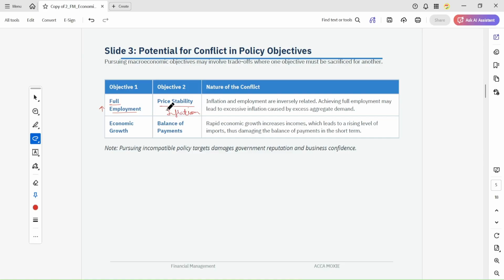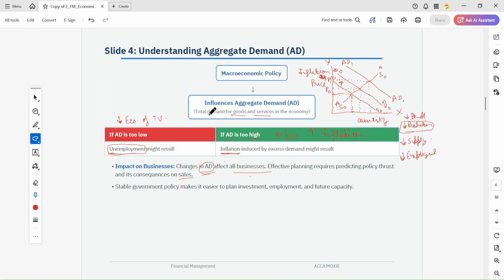why? Because when people have money, they increase the aggregate demand. We have already studied here. So when people have money, when there is full employment, the aggregate demand will be higher. When the aggregate demand is higher, in the short term, we cannot increase the supply because we have limited factories to produce the products. Okay, so that's why we have to increase the price.